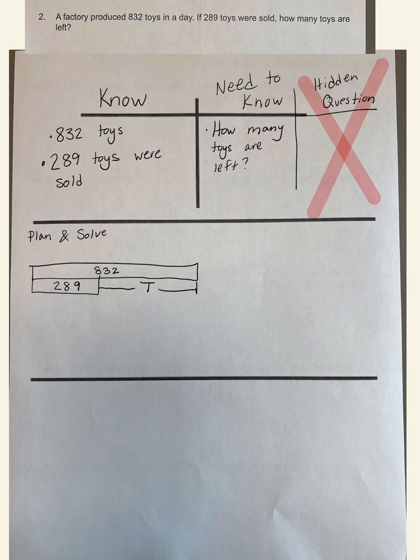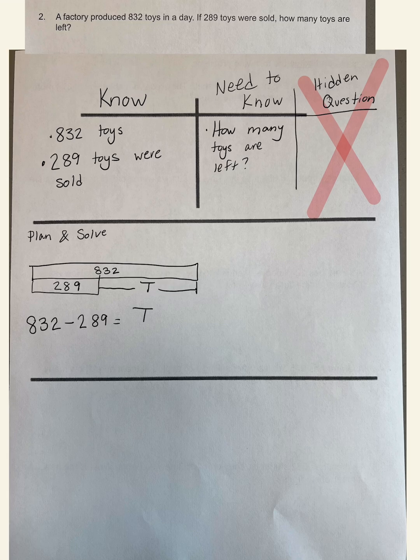All right, if I set this up as an equation, it would look like my starting number, which was 832. And then we sold 289, which means we no longer have them. So we took those away, which would be our subtraction. And once I do 832 minus 289, I will be left with T, which represents how many toys are left.